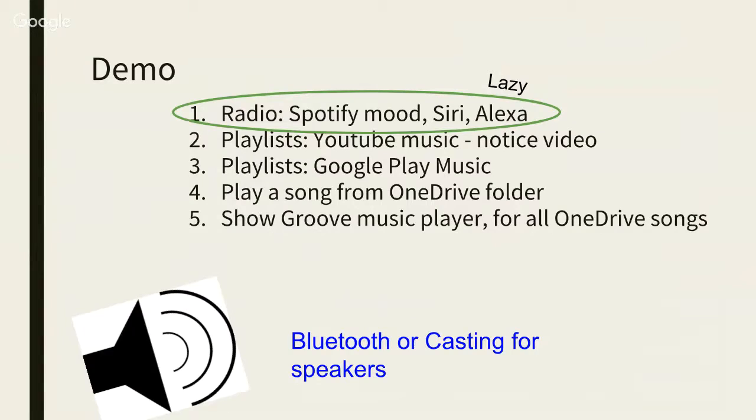Okay, so I'm going to do a demo now. I'm going to do the lazy thing, and that's just asking Siri. So let me just ask Siri, play some music.